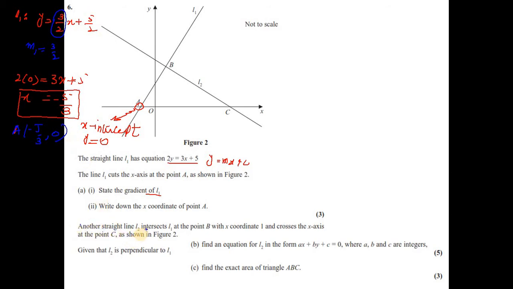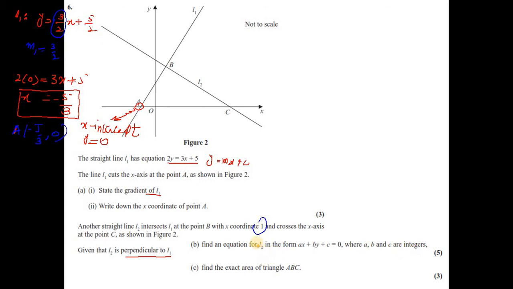Another straight line L2 intersects L1 at point B with x-coordinate 1 and crosses the x-axis at the point C as shown in the figure. Given that L2 is perpendicular to L1, find an equation for L2 in the form ax plus by plus c, where a, b, c are integers.